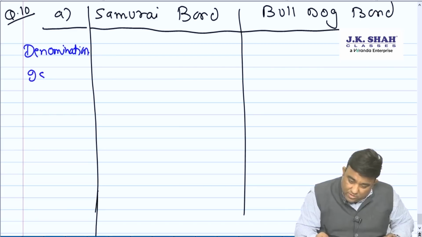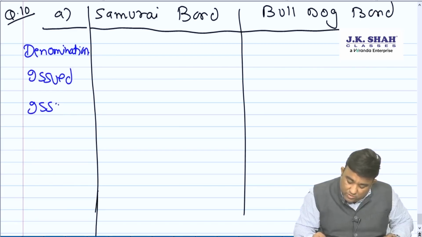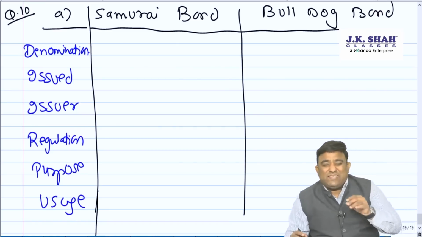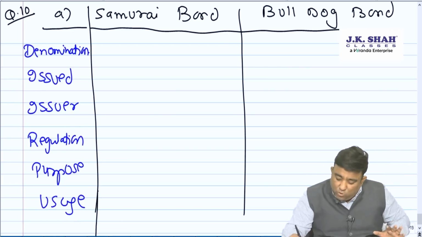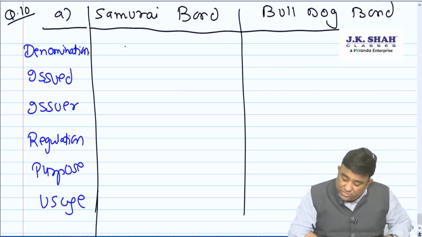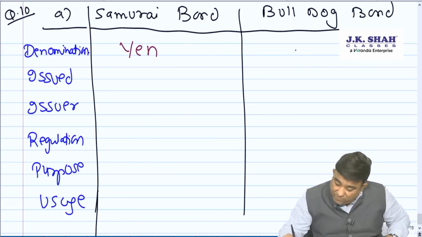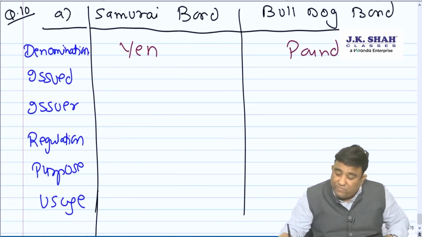Who is the issuer? What is the regulation? What is the purpose and the usage? Just very simple. Get hold of every word. Denomination: this is in terms of Japanese yen, this is in terms of pound sterling.